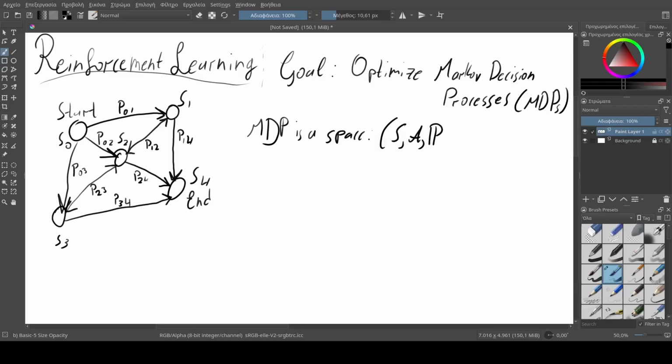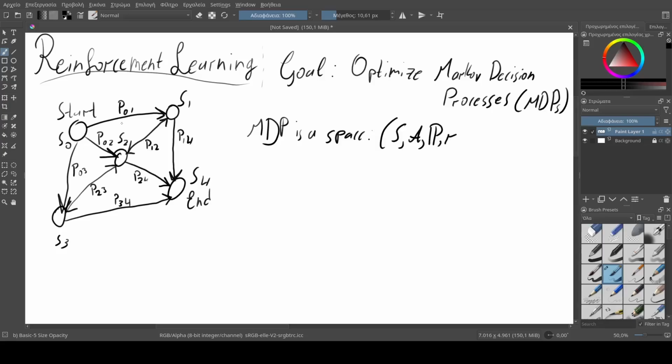And also we have a reward. So we have what is called a reward function, either written as a small r or written as a big R because it's a function. I prefer a small r, and this is the reward given for the choice made on the action.